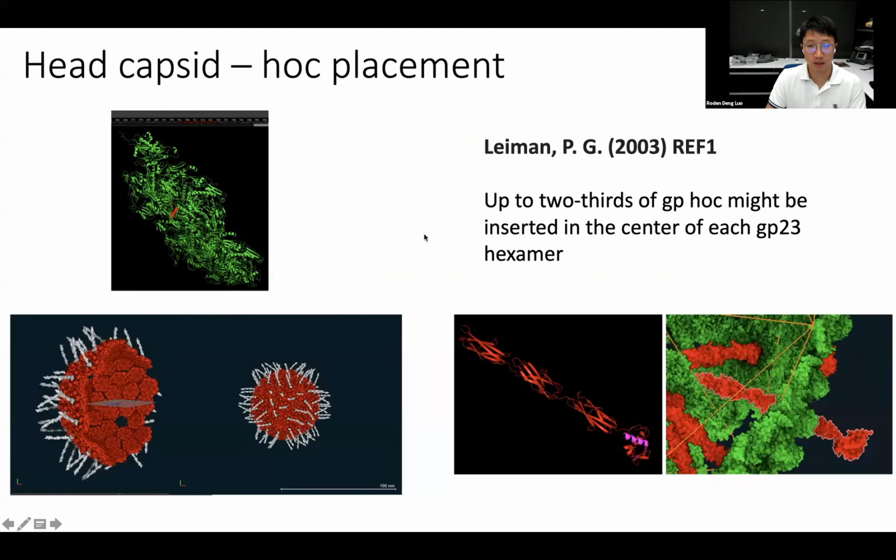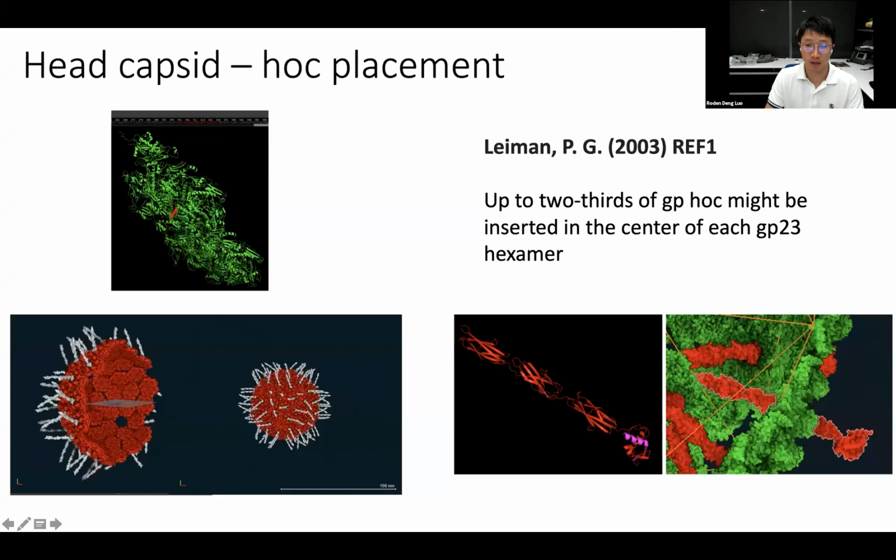If we place the Hoc in the same placement as that in this big 5VF3 complex, overall on the capsid it shows as an irregular shape, and it does not resonate with what Lehman wrote in 2003, that up to 2/3 of GP Hoc might be inserted in the center of each GP23 hexamer.